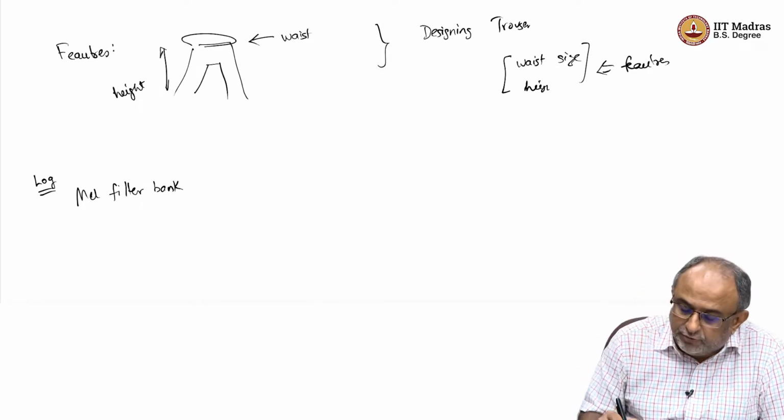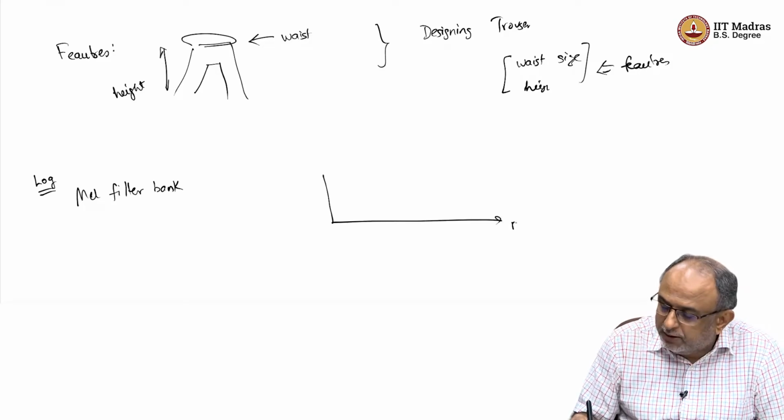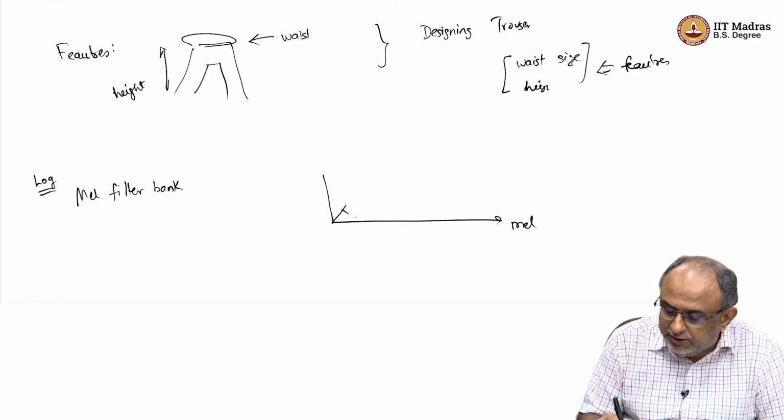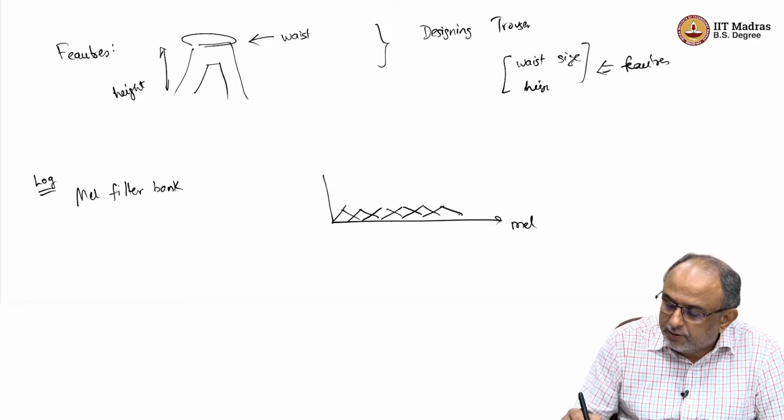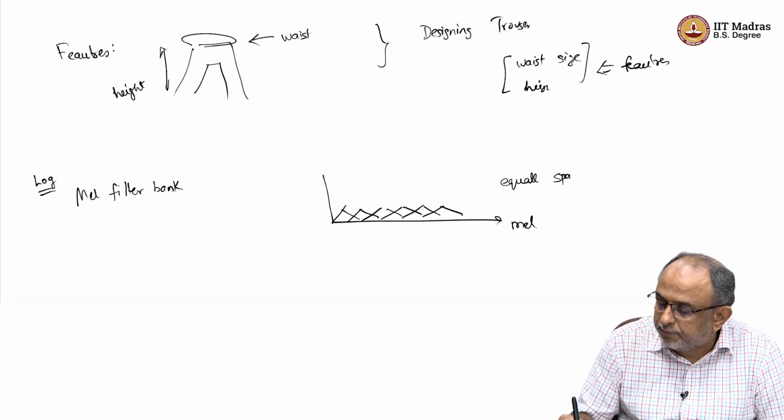And typically what we need is, in the Mel domain, we want equally spaced, equal bandwidth.